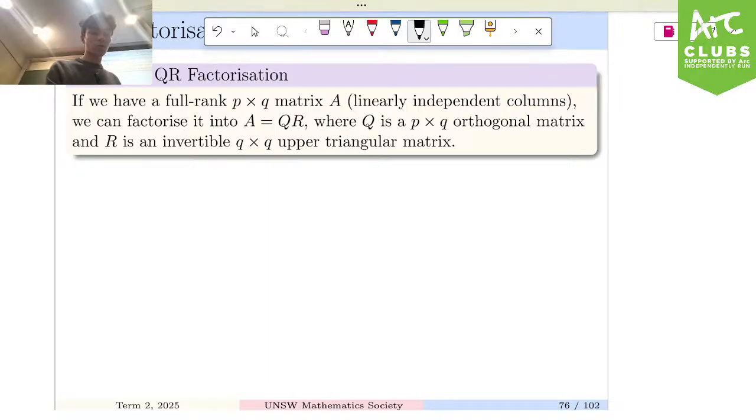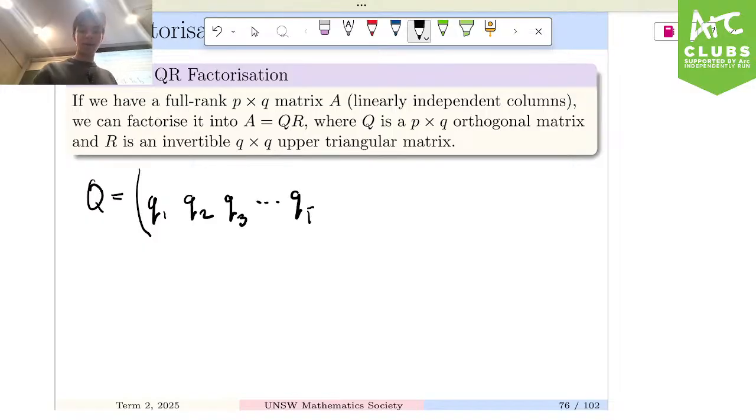So just to visualize that for you, Q is going to have Q columns, sorry.